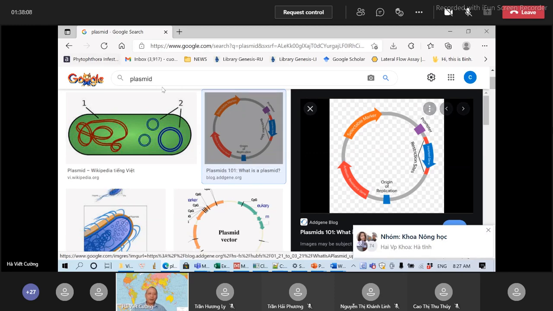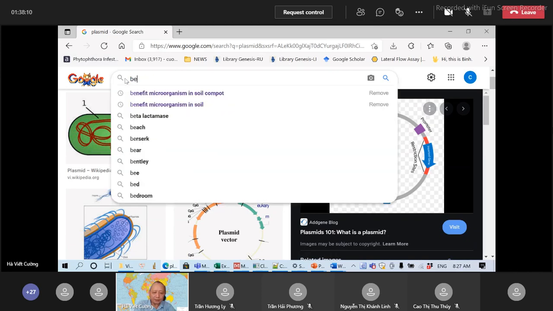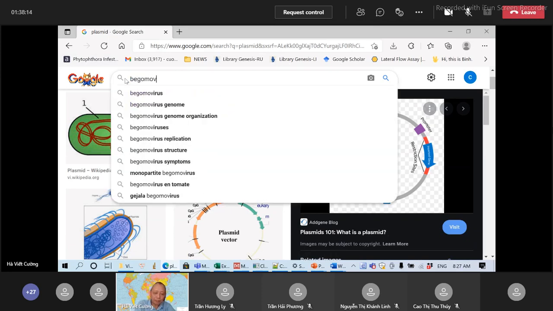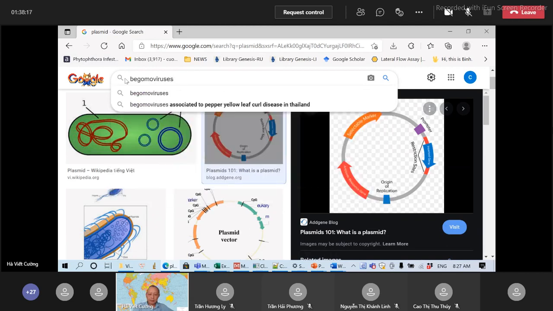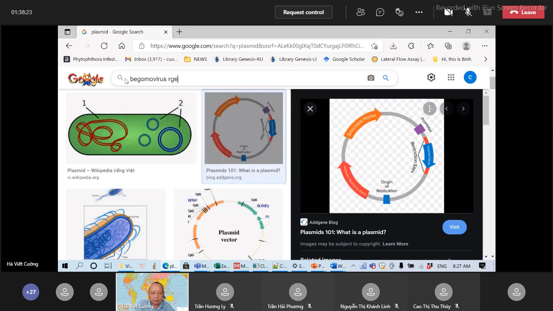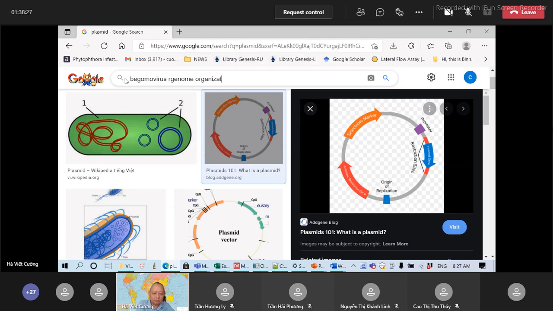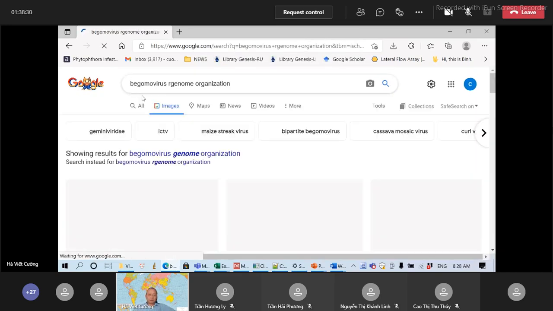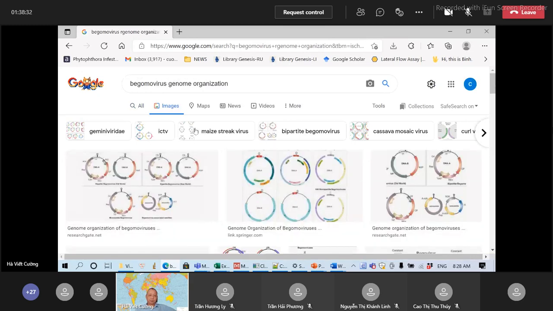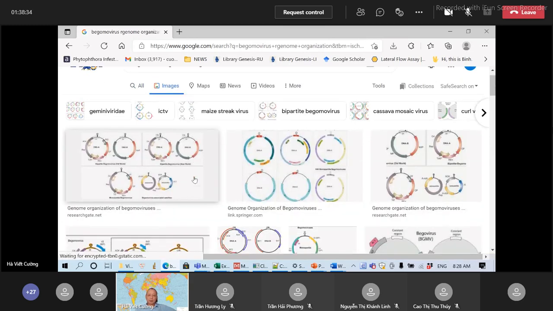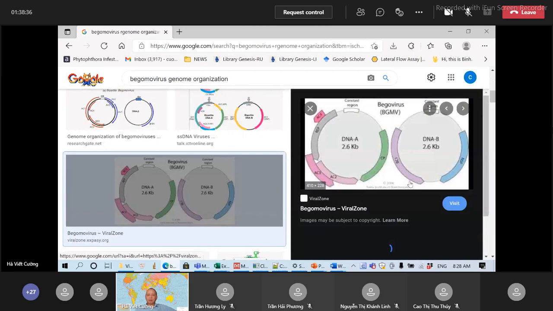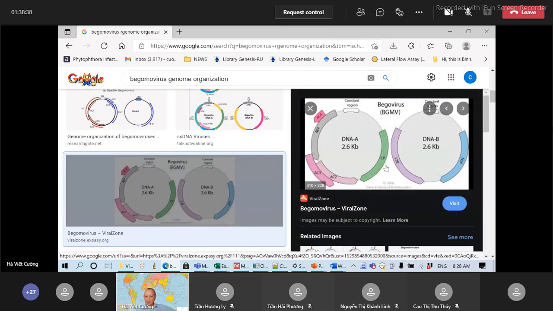Now, when you look at the begomovirus. Here you can see, everyone can see.